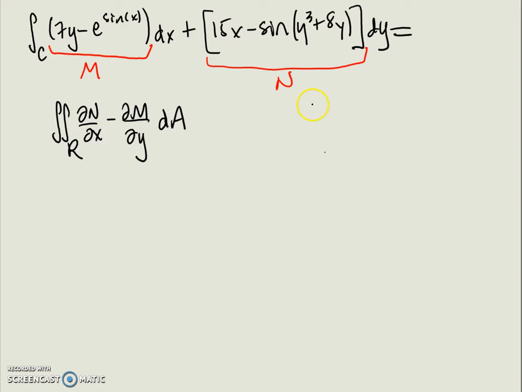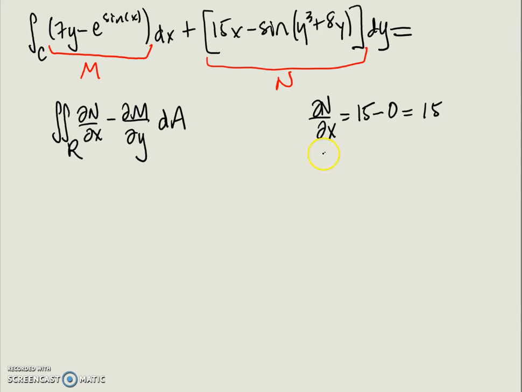If I look at N and take the partial derivative with respect to x, my first term in N is 15x, so the partial derivative of that term would be 15. In my second term, there is no x variable, so that remains constant. So I could say 15 minus 0, or I could just say 15.